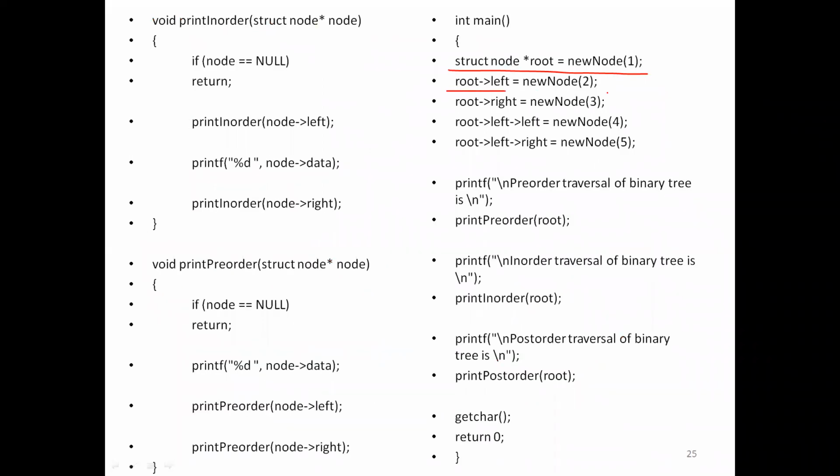See, root left. Here root is nothing but the newly created node, and its address is stored in root. So obviously root left, where I am creating, I told here, it is 1.